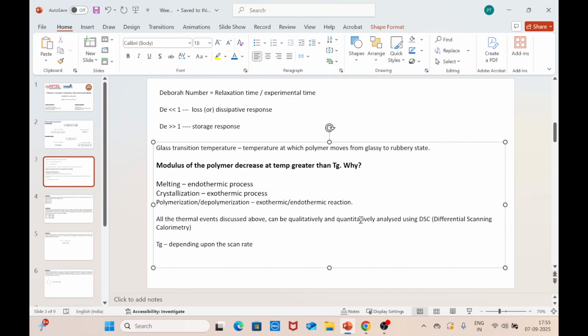Whereas TGA basically describes the thermal stability of the sample, or it gives an understanding of how a material can degrade as we increase the temperature, or what is the degradation pattern in the material as we increase the temperature.